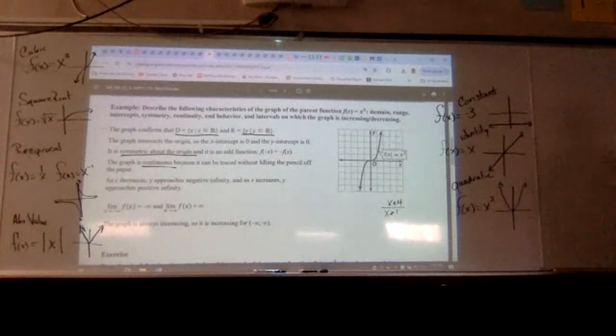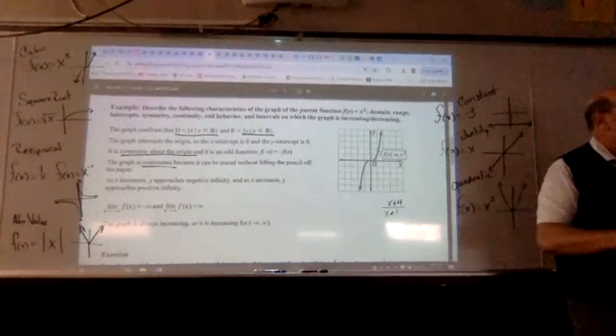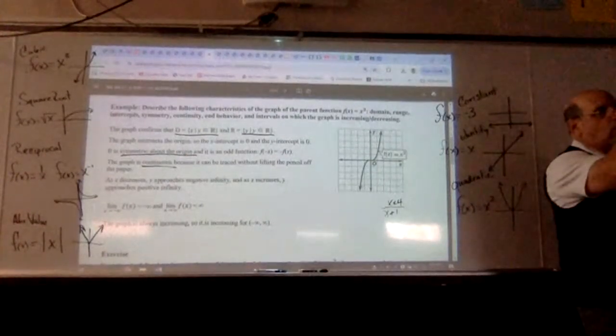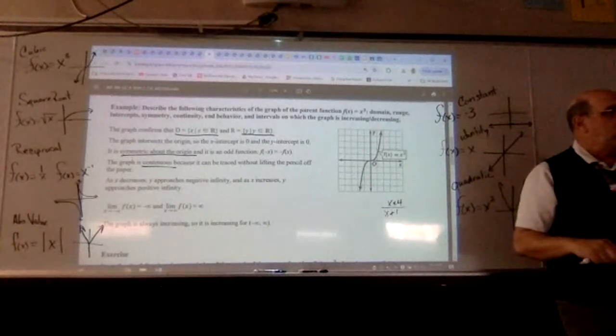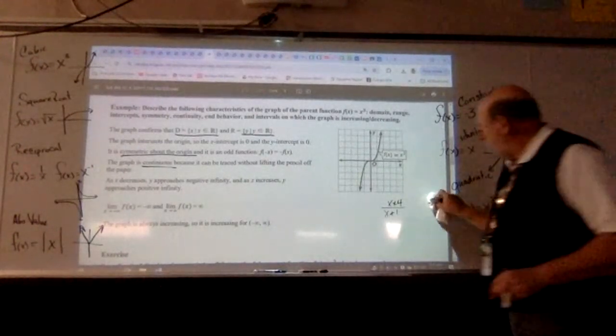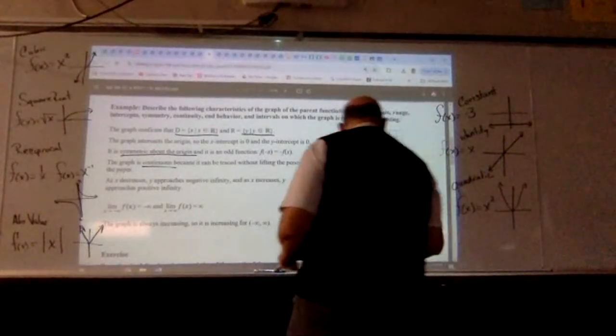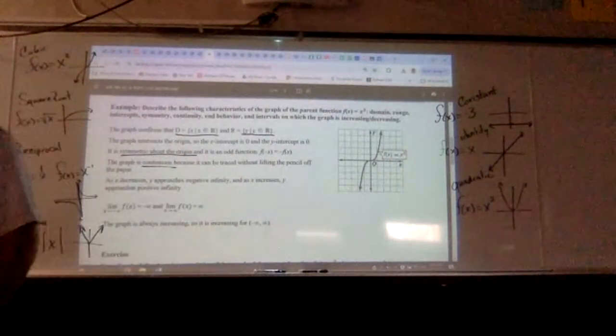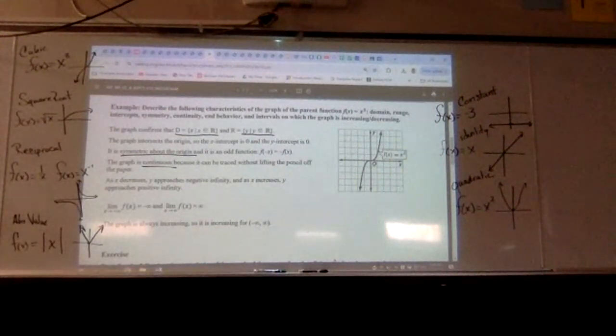The only value that would give us 0 in the denominator is that -1. So that's where that hole comes into play, that removable discontinuity. Cool? Yes, sir. I remember that was on the quiz.